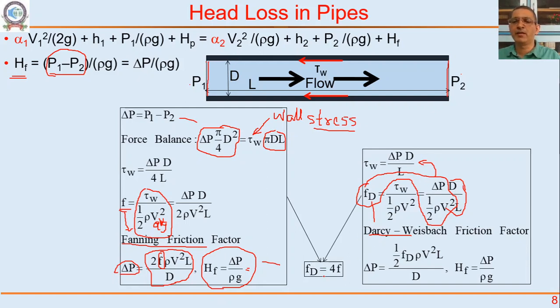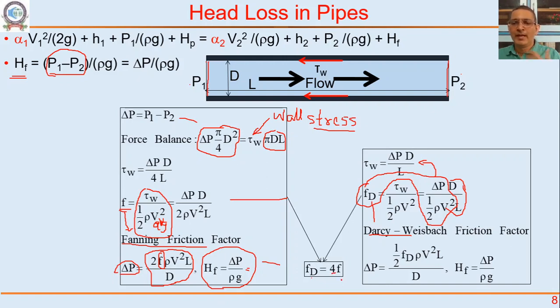Darcy friction factor would be related to 4 times the fanning friction factor. You just have to use these two definitions. Finally, whether I use Darcy friction factor or fanning friction factor, I am going to get the same value of HF, because the relationship of HF to Darcy friction factor or to fanning friction factor is slightly different. It's different by a factor of 4.